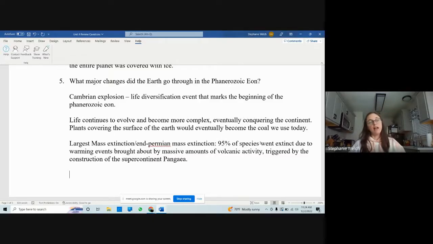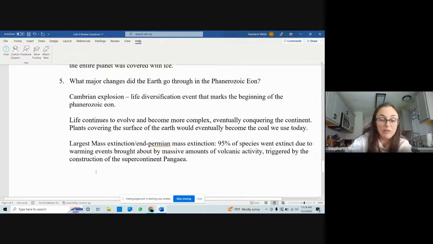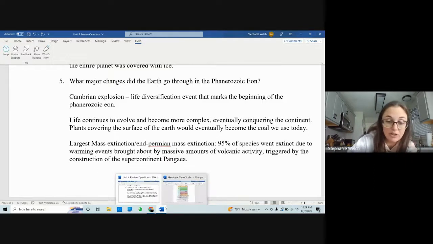So the life that remained after this mass extinction that was able to survive eventually thrived, evolved all on its own to form many different species in the oceans and on the continents, but eventually led to the development of dinosaurs. So the next big extinction event that we have to talk about is their extinction.